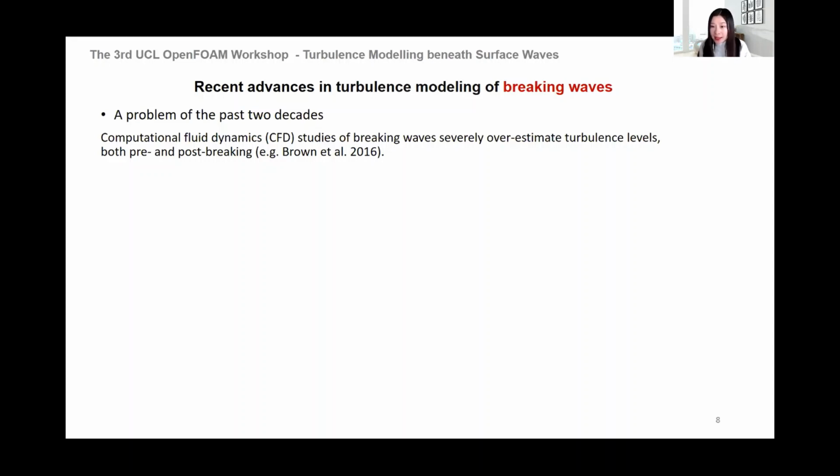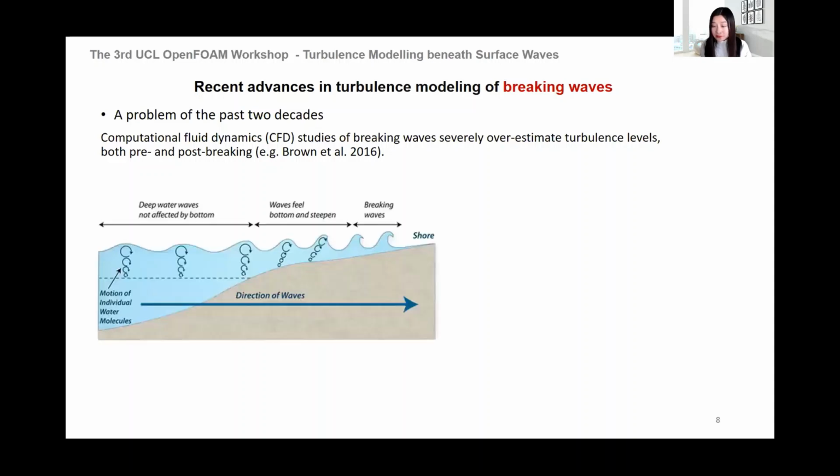One example is a recent work by Brown et al. They have revealed that almost all of the RANS models have over-predicted turbulent kinetic energy, k, for the breaking wave simulations. And this figure shows waves propagating on a sloped seabed all the way to the shoreline, with water depths becoming smaller toward the shore.